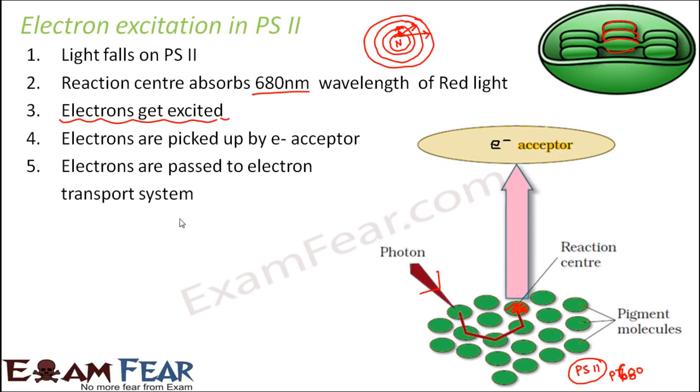So what is that electron transport system? That we will discuss in the next slide. So from here, the electron passes through the electron transport system. Please note that this excited electron is not absorbed by any of the molecules which form the electron transport system. They just carry this electron and pass it to the next molecule.